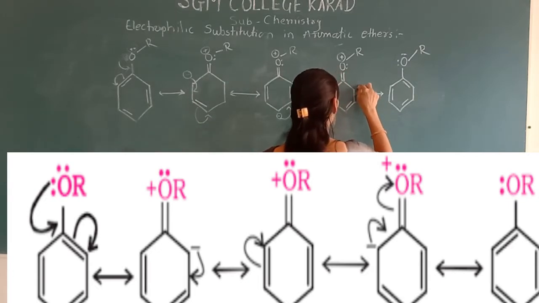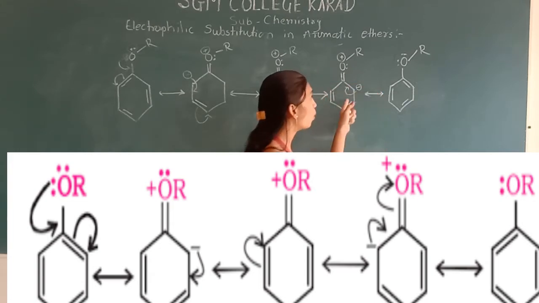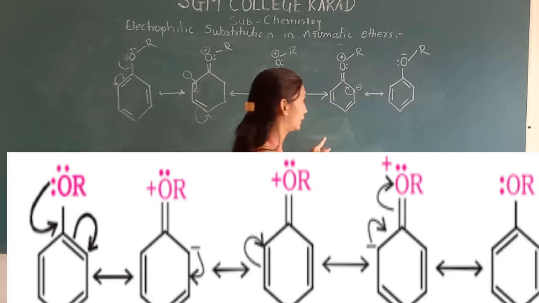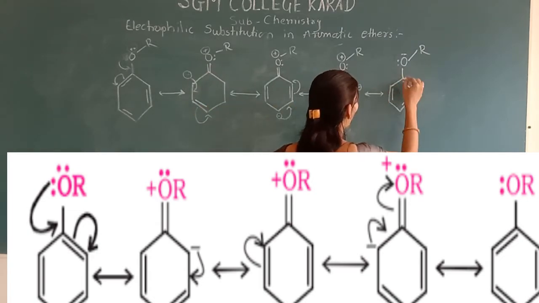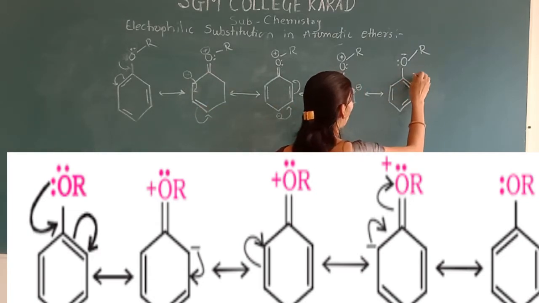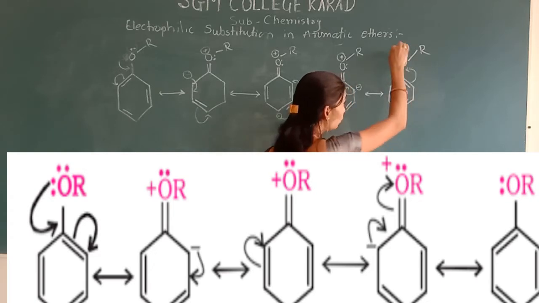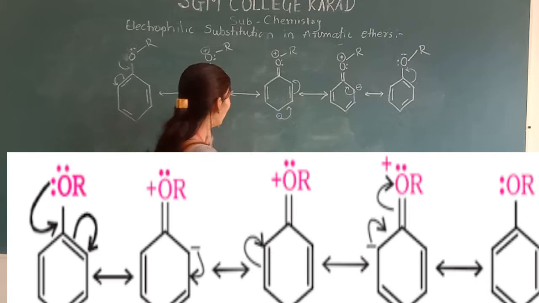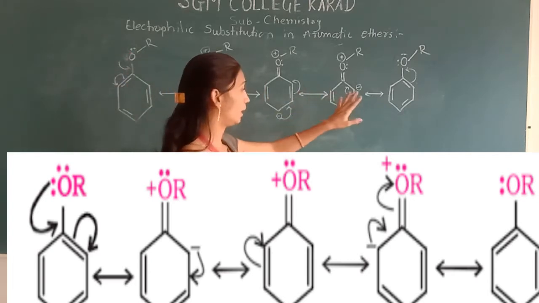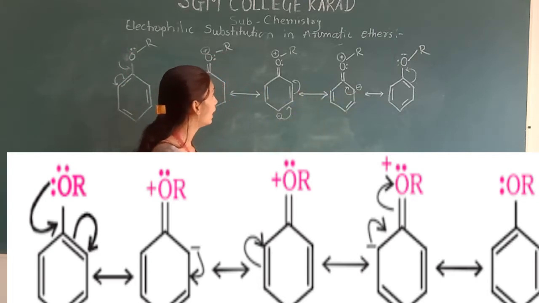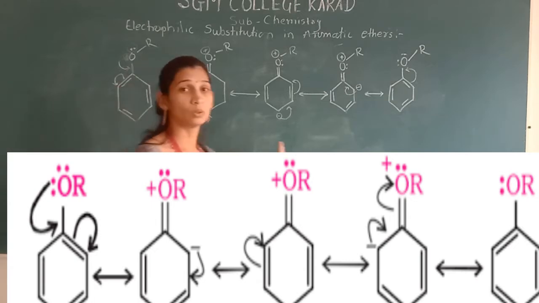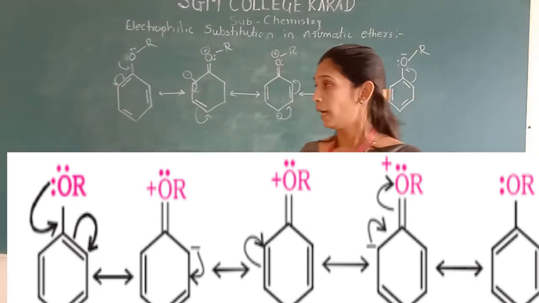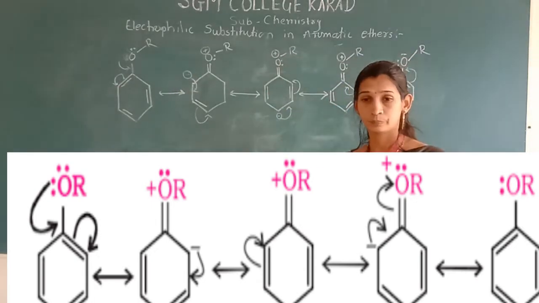Now here a negative charge will be produced, and that negative charge goes to this place and forms a double bond, and this bond goes again towards the oxygen. So our main structure is obtained at last, that means after the resonance of this aromatic ether.